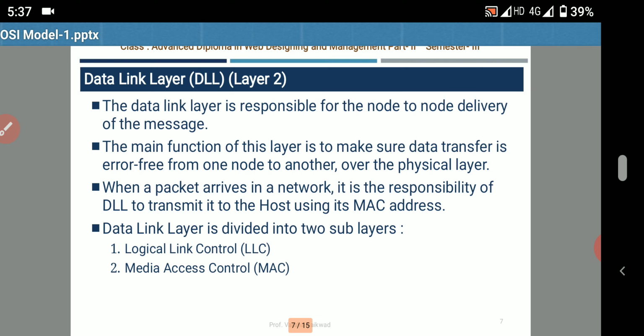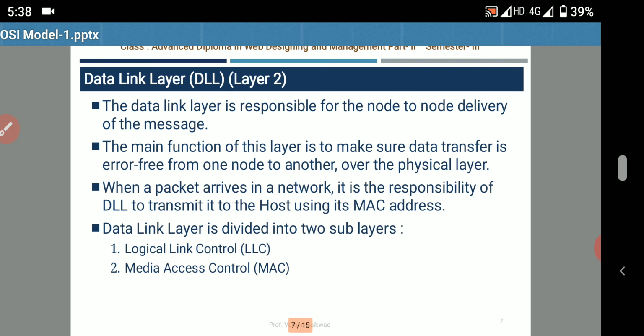Okay, so this layer ensures that there should not be any error while the data is transferred from one node to another node. When a packet arrives in a network, it is the responsibility of DLL to transmit it to the host using its MAC address.